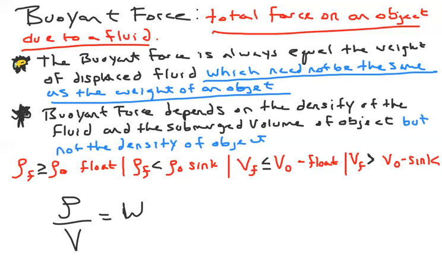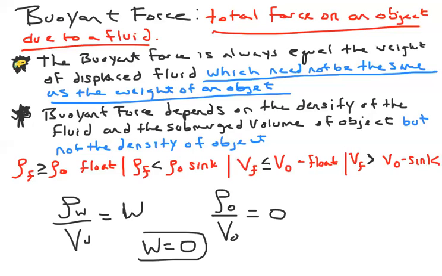And if the density per volume of the water is equal to the density per volume of the object, then the object will float, or essentially float right underneath the surface of the fluid.